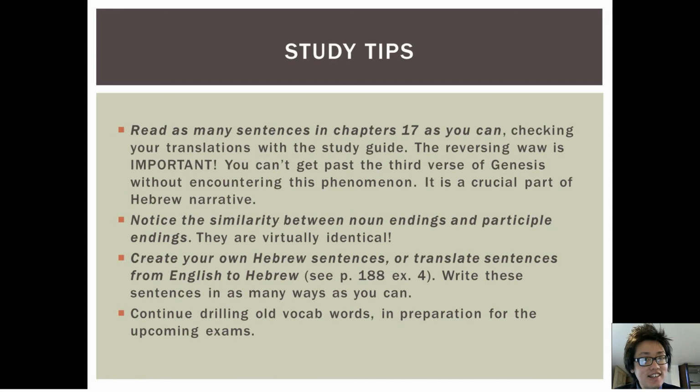Try to translate those English sentences into Hebrew in as many ways as you know how. And in most cases, maybe they'll give you a past tense sentence. Write it out with perfect verbs, and then try to write it out with imperfect verbs plus the reversing vav.